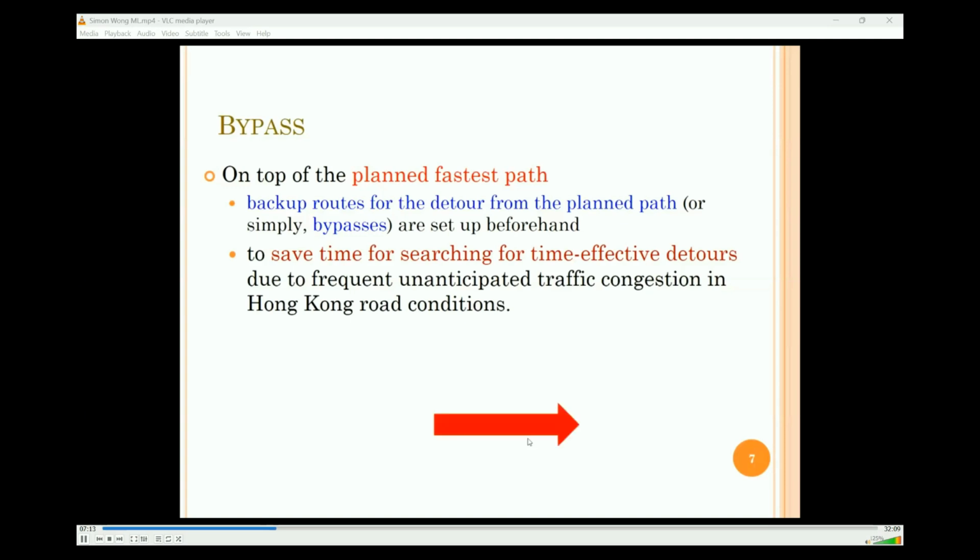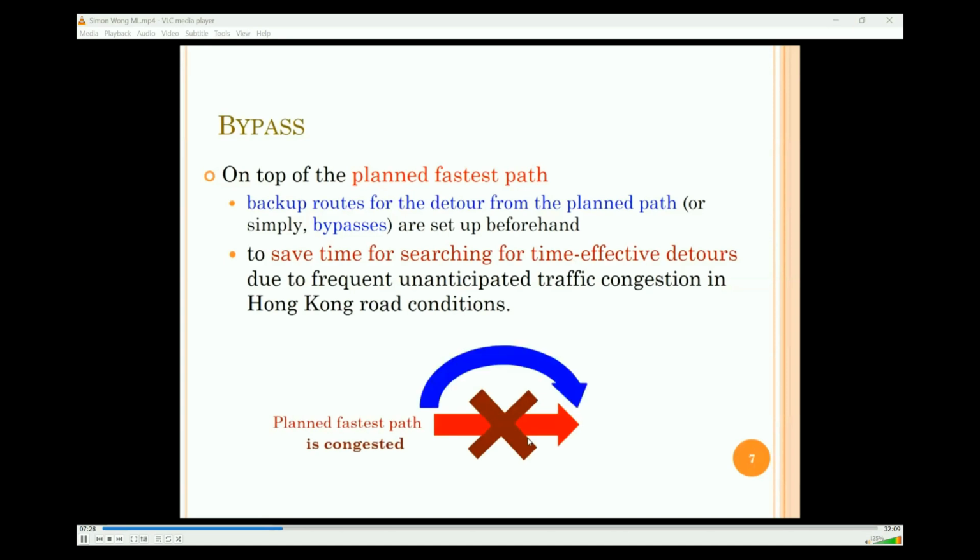This arrow indicates the planned fastest path. If it is congested, the road transport for emergencies cannot go through this fastest path, so it goes through the bypass.